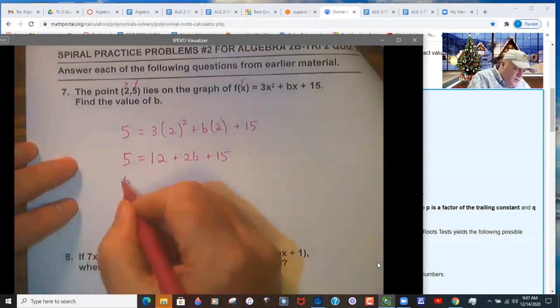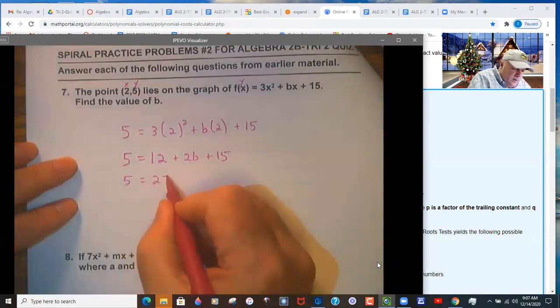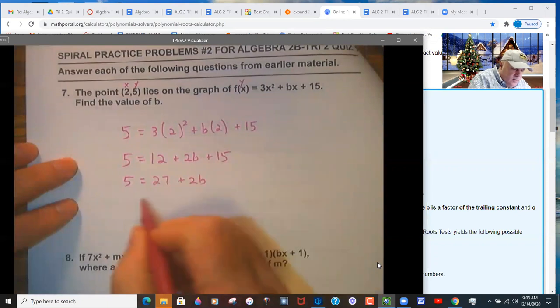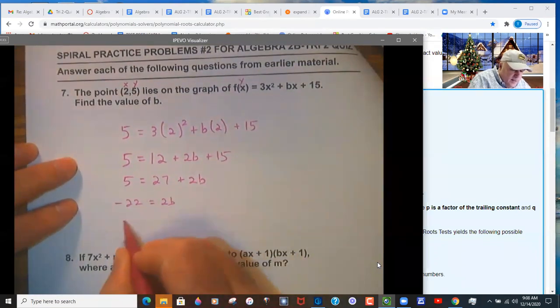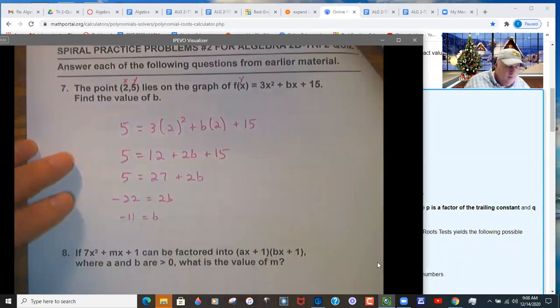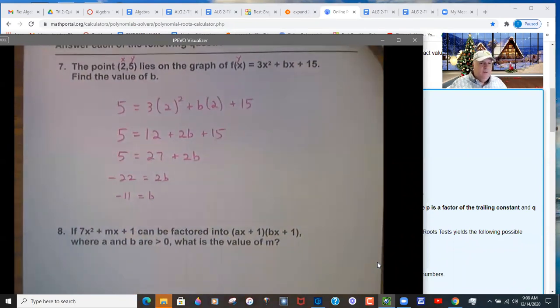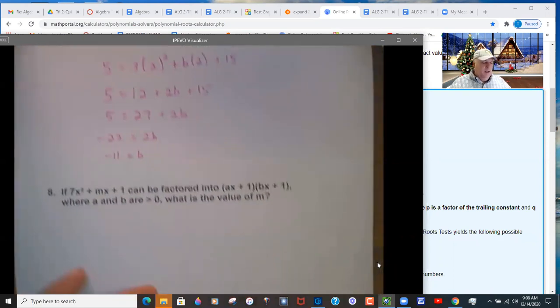Add the 12 and the 15 together, that's 27. And then you just solve it out. Subtract 27 over, divide by 2, negative 11. Pretty straightforward.